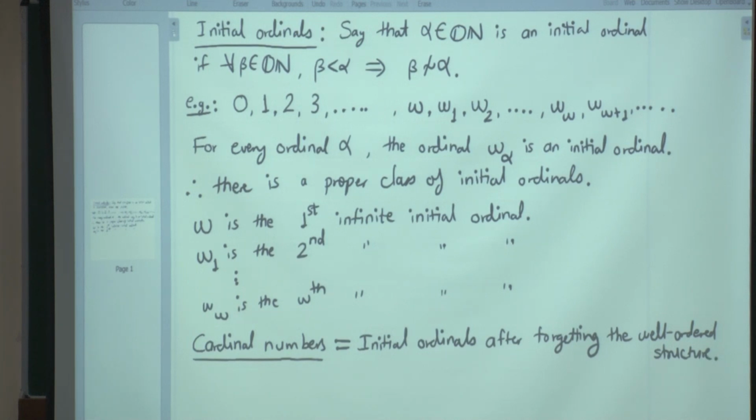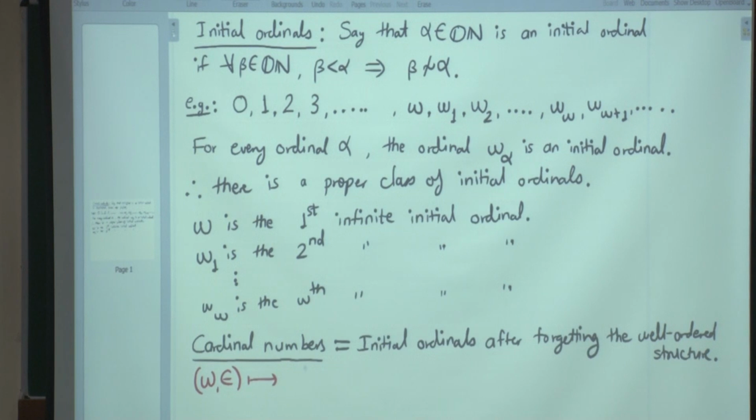So every ordinal, how do we write that? Well, omega, this, right? So that number is now a cardinal number. I will forget about the ordering, I will only remember omega, but now I have a different notation for that, and that notation is aleph naught.